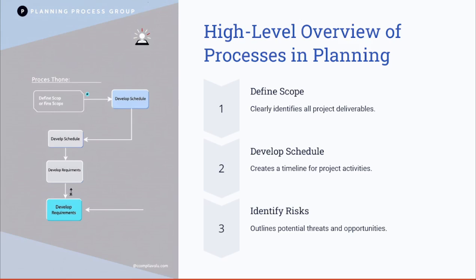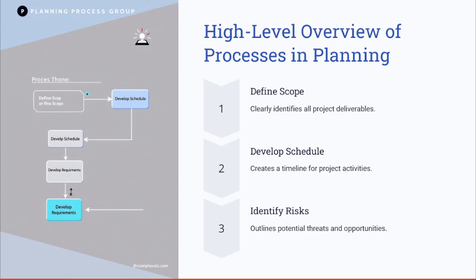Here is a high level overview of the key processes involved in the planning phase. The planning process group consists of 24 processes across different knowledge areas. For instance, define scope ensures that all of the project deliverables are clearly identified, which falls under scope management. Developing the schedule creates a timeline for the project activities.